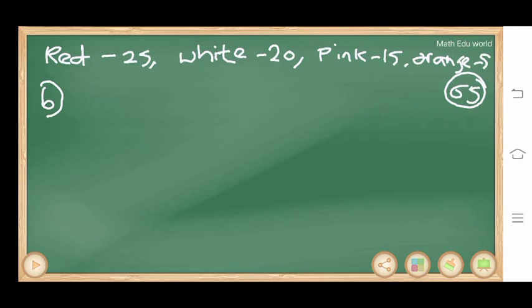So when making the probability distribution table for the number of red roses selected, we have to start with the probability of selecting 0 red roses.